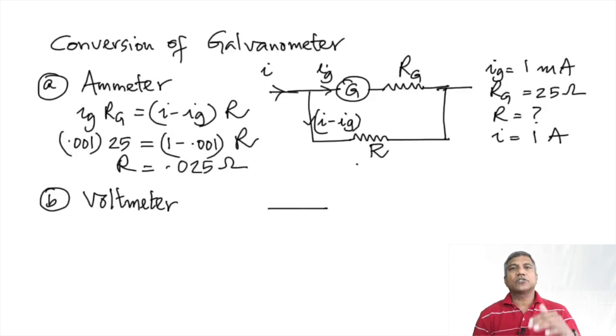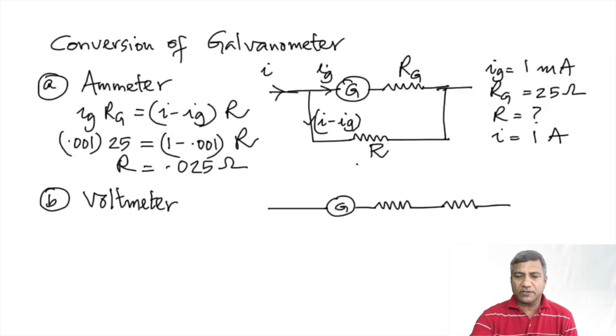All right, now to change a galvanometer into a voltmeter, we have to connect a real high resistance in series with it. So here is the galvanometer again with its resistance, and that is the high resistance connected in series. So R sub S is the resistance.